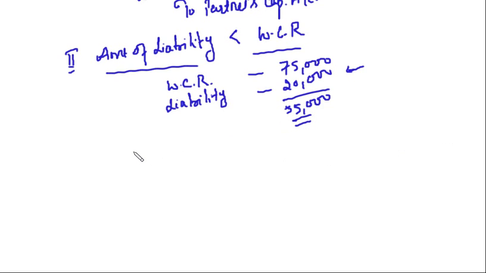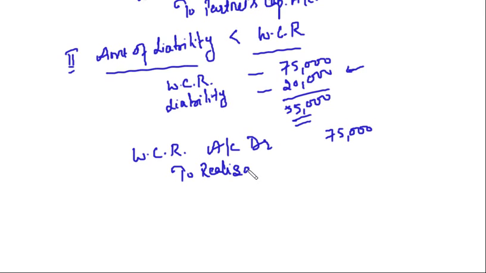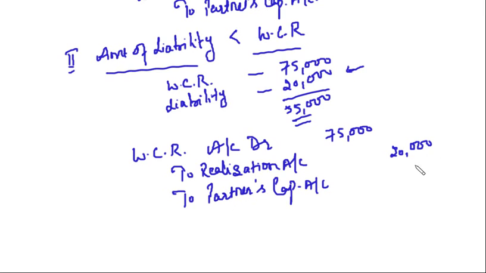In this case, our journal entry will be workman compensation reserve account debit. Clear? This will be 75,000 to realization account. In the realization account, we'll take only the part of liability and the remaining reserve will be transferred to partners capital accounts, 55,000.